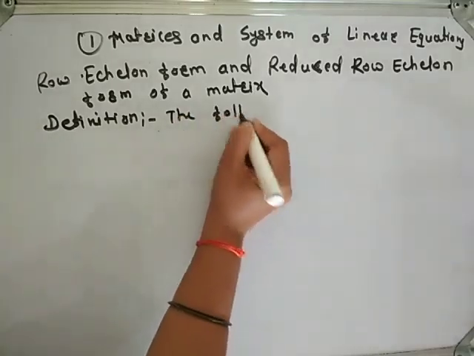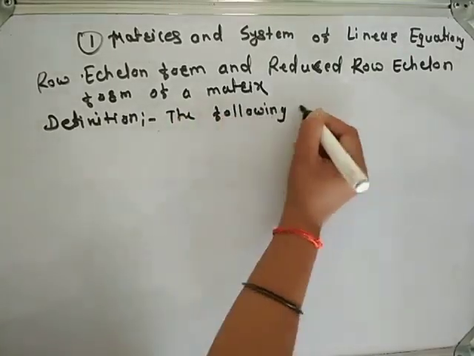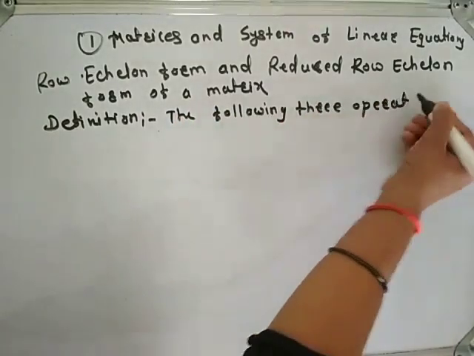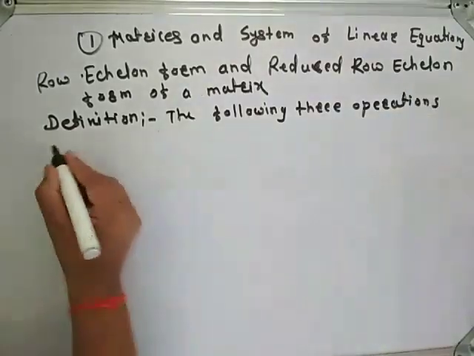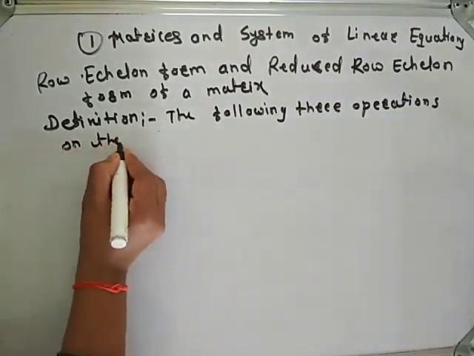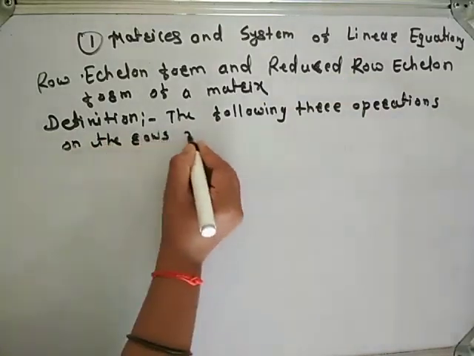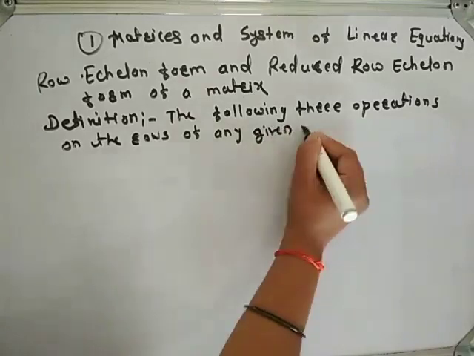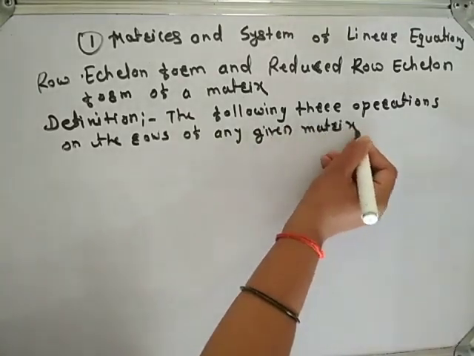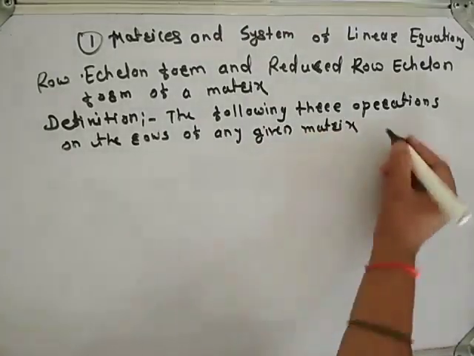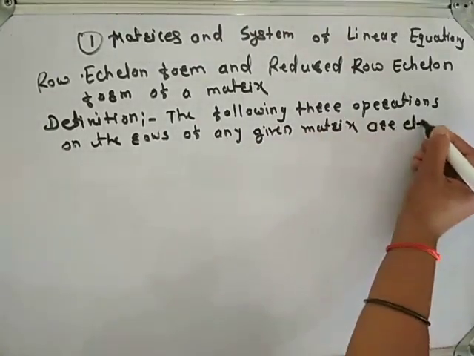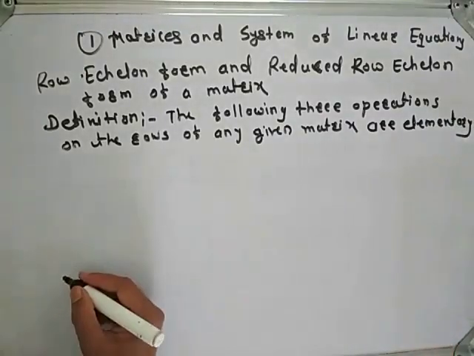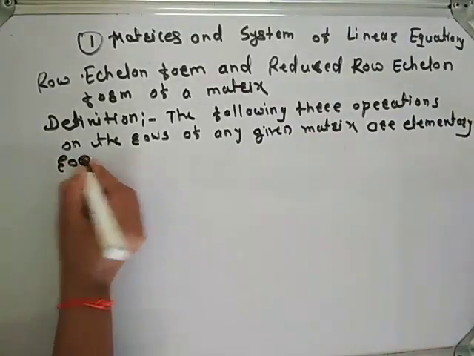Definition: the following three operations on the rows of any given matrix are elementary row operations.